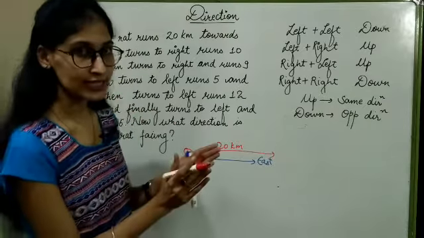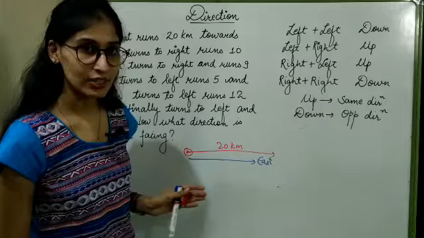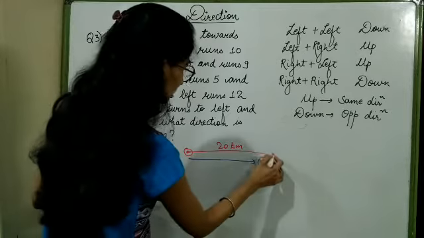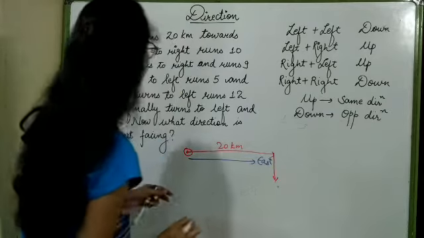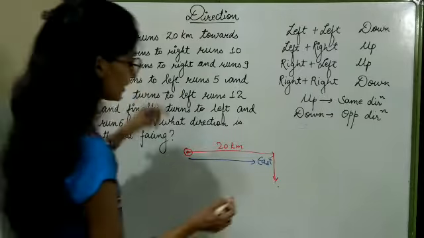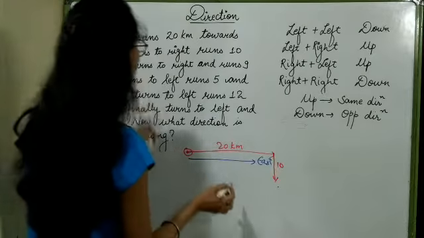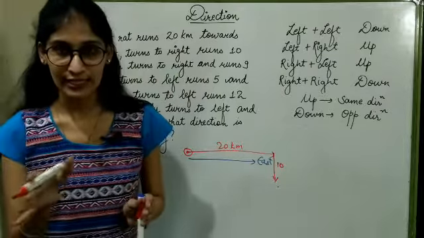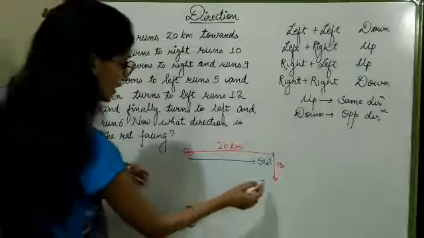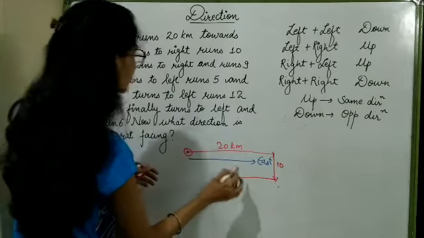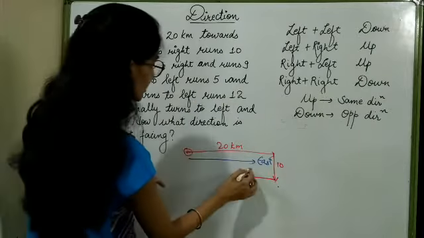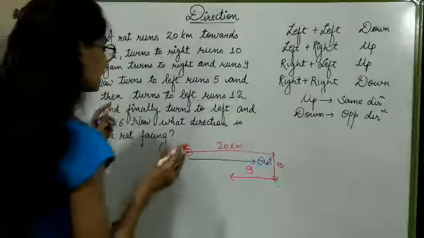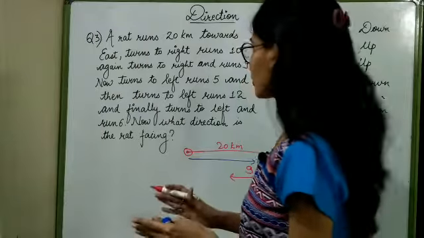If I am facing this direction, my right direction will be downward. Turns to right and runs 10. Again turns to right. If I am facing like this, this will be my right direction. Turns to right and runs 9. Now I am facing in this direction.